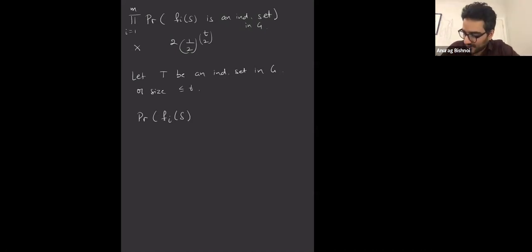Okay, so what exactly is the probability that Fi of S is a subset of T? Anyone? So Fi was chosen uniformly at random, right? So you were just randomly mapping each point here to a point of the range, and S has t elements.